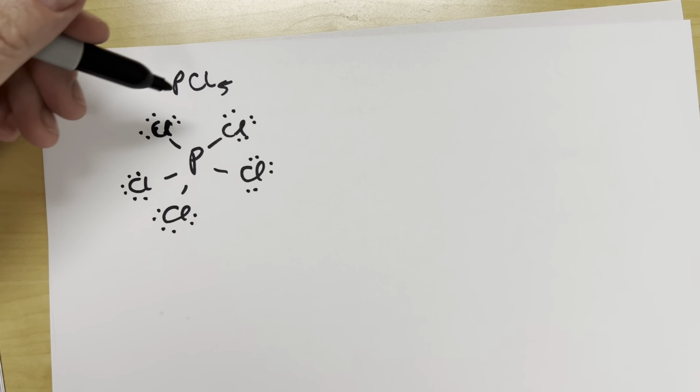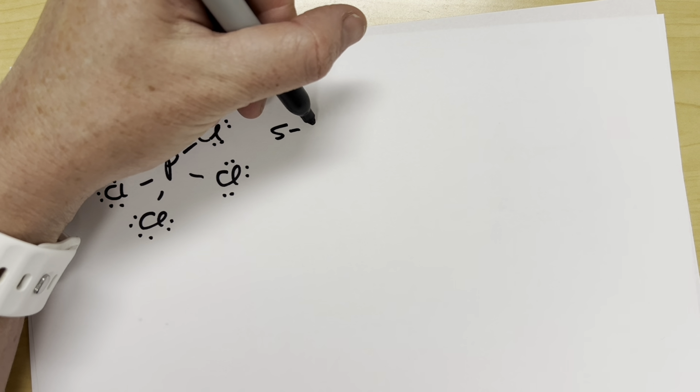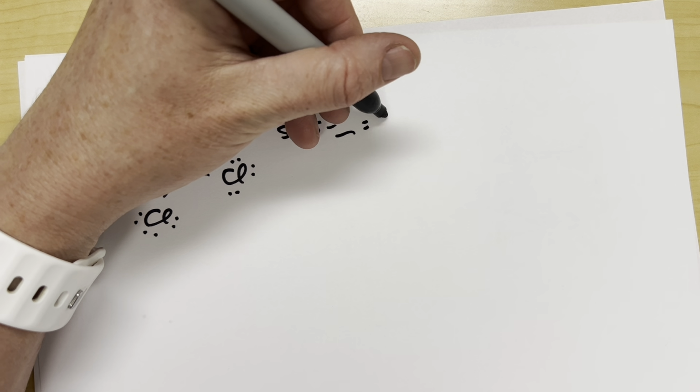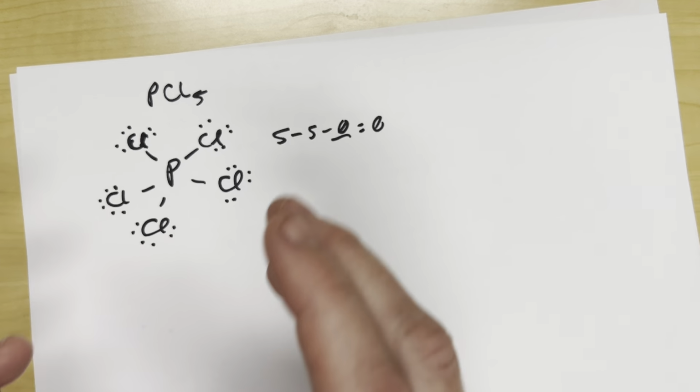Then again we look at the phosphorus and we say it's got 5 valence electrons as the 5th column, minus 5 sticks. So how many dots does it need to be 0? Hopefully you agree it just needs 0, so we don't put anything on it. We are done with this PCl5.